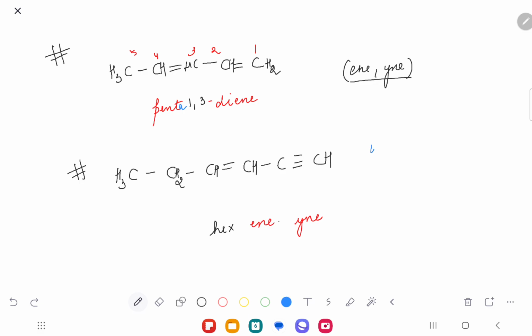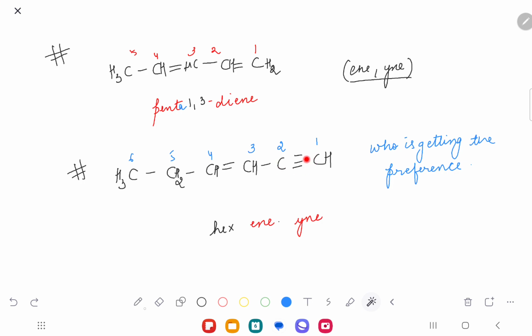Now who is getting the preference? The yne is getting the preference, right? Preference as in its properties are actually being shown. So basically one, two, three, four, five, six. Yes or no?